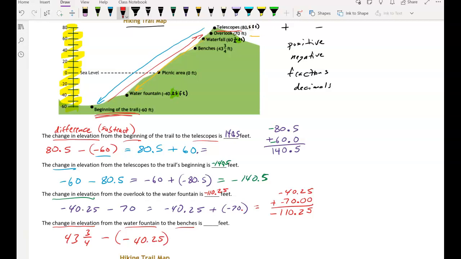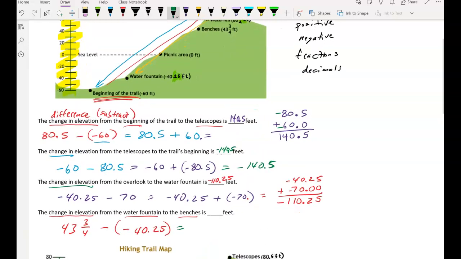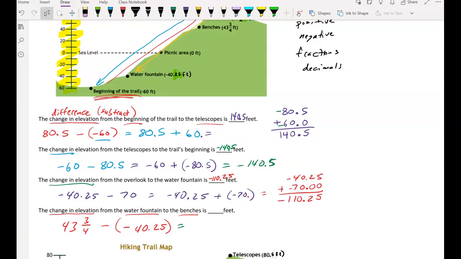Okay, so let's remember, we're finding the change in elevation, which is finding the difference. Difference means we're subtracting, that's why we have it set up like this. But what is subtraction? Subtraction is adding the opposite. So this is going to be 43 and 3/4 plus the opposite of negative 40.25, which is positive 40.25.